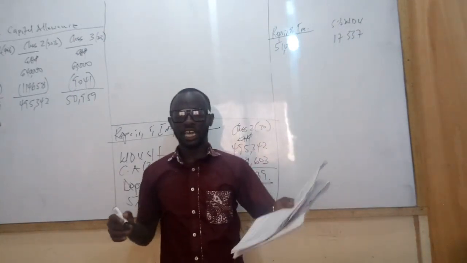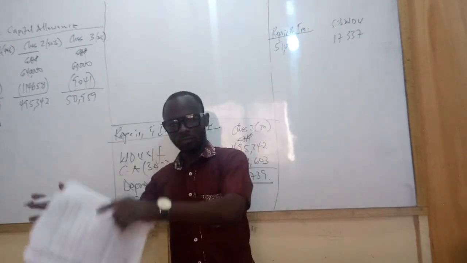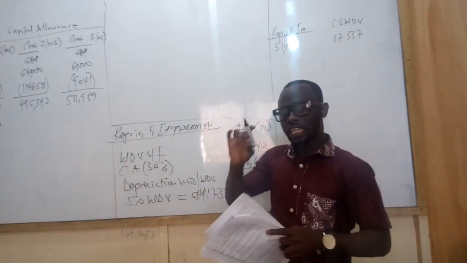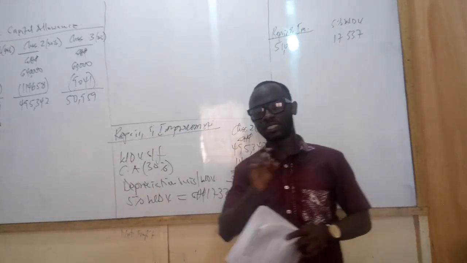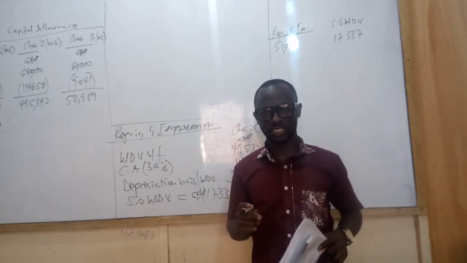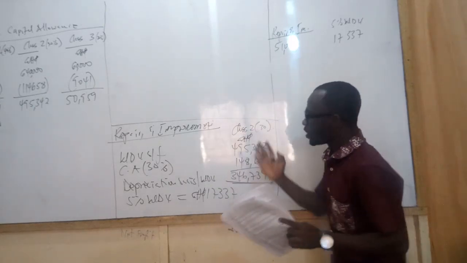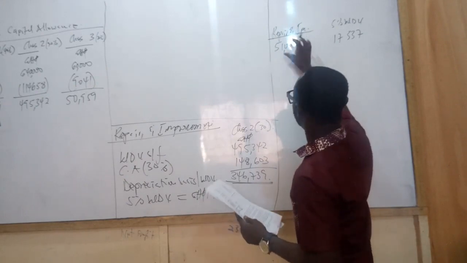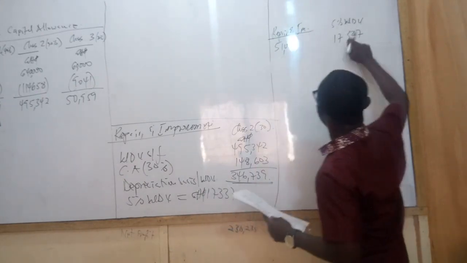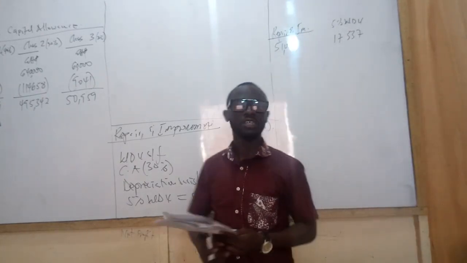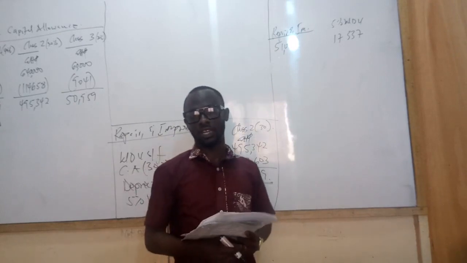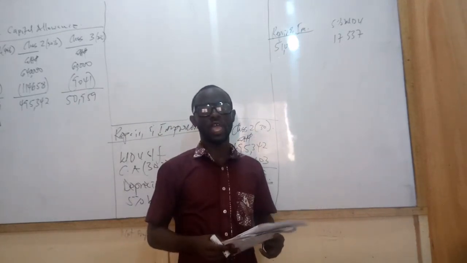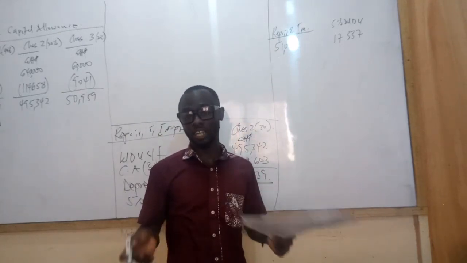So remember what we said. For repair and improvement, we cannot allow more than 5% of the written down value of the assets. So even though we have incurred improvement of 51,000, we can only allow what? 17,337. Which means that we are going to be capitalizing the difference.